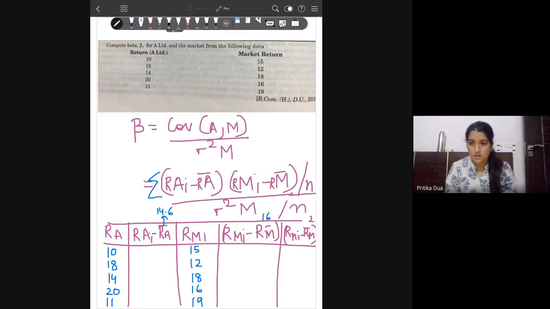But then again, you're not getting the answer. Yes. Minus 4.2 is the covariance.